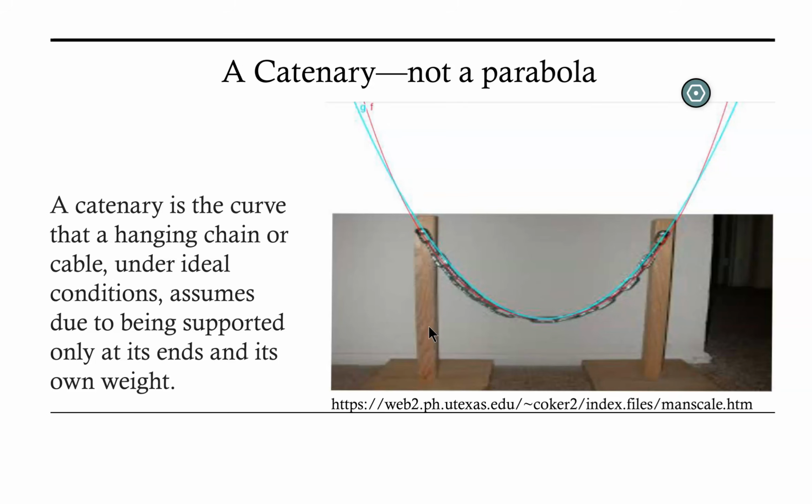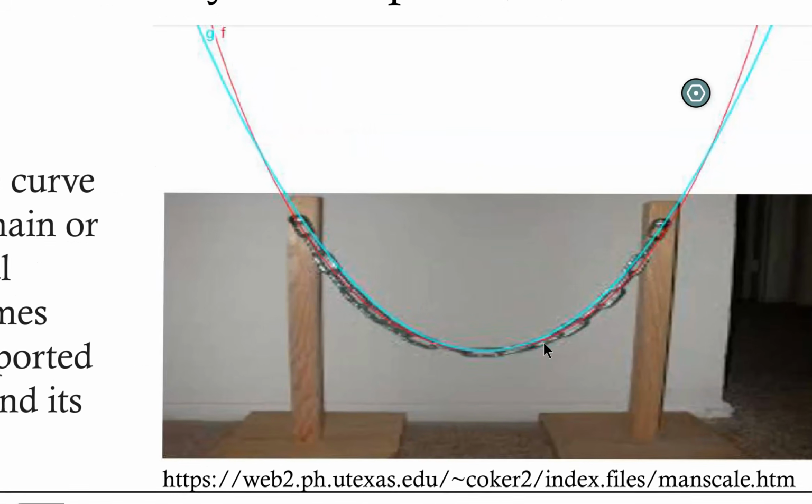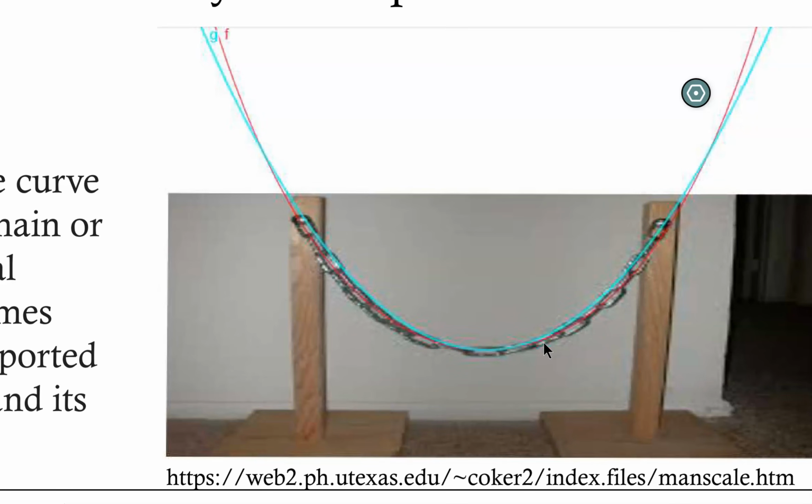So let's go ahead and take a look at this catenary on the right. Let's zoom in a little bit and take a look. We have two curves here. The curve in red is the catenary that models the chain very well. You can see that this red curve comes along and models the chain very well. The blue curve, g, is a parabola.